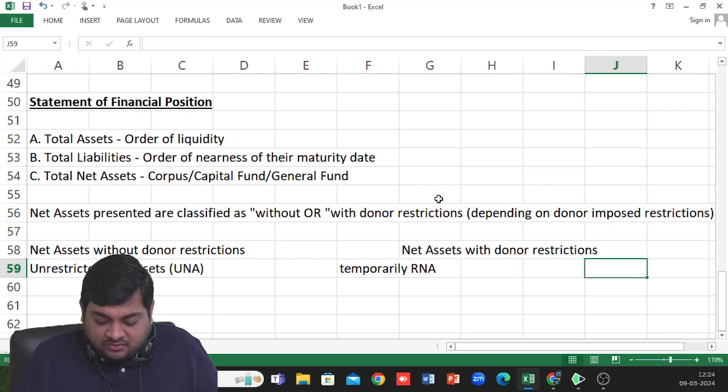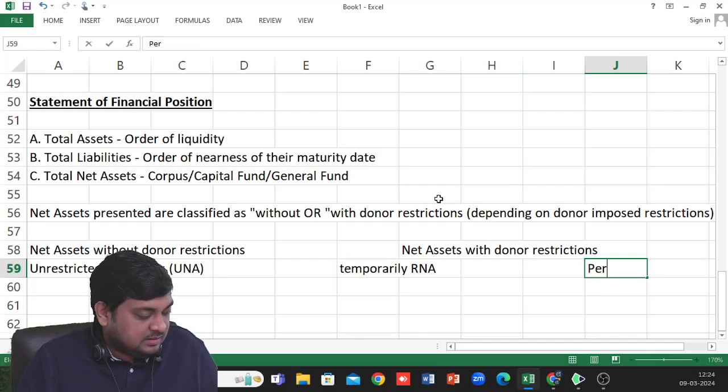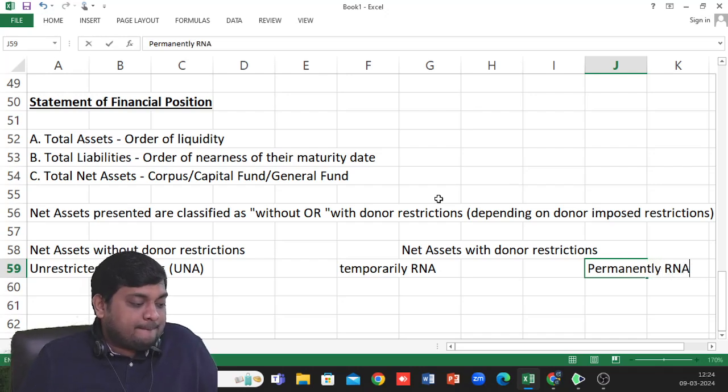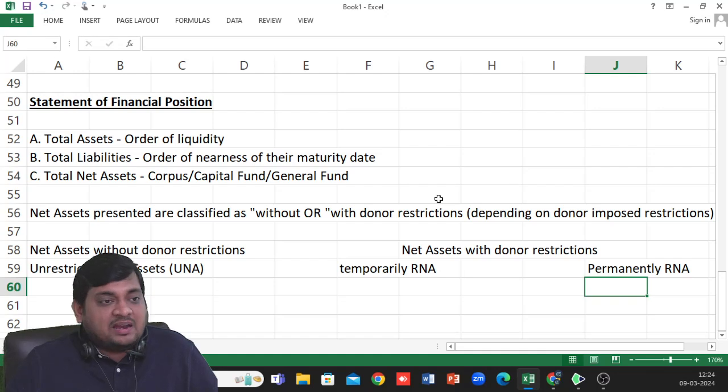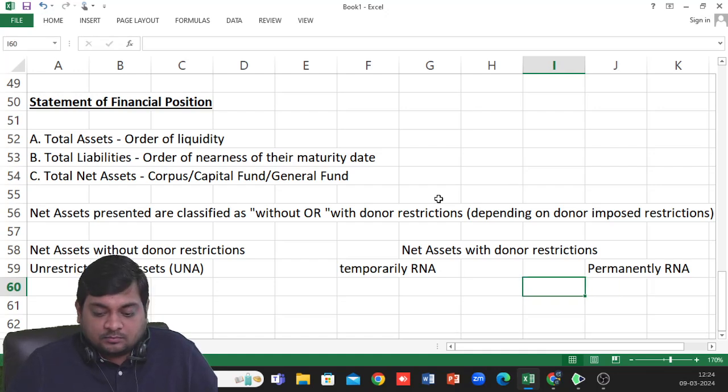And then we have permanently RNA. So this is tRNA and this is pRNA, right?